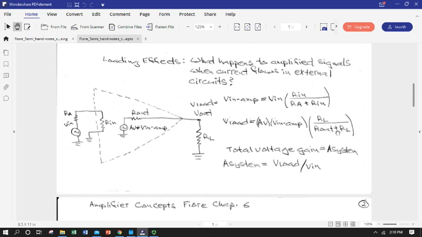So we're going to have to multiply our voltage produced within the amplifier output circuit, our gain times Vn amp, by this divider. But if R out is really small, like we said we wanted it to be, then this turns into a 1 again, and we recover what we would have lost in that divider.